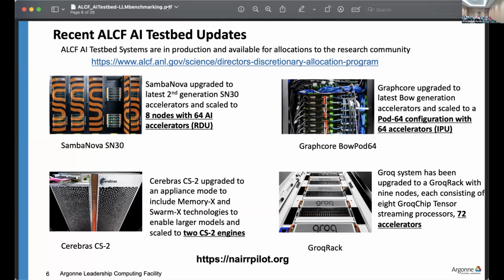Since we are part of the US Department of Energy and the Leadership Computing Facility, we have provided access to these systems to a broader community. Anyone interested in open science research can get access, try out these machines, and port their applications. As part of the NSF-based NAIRR project, we are also providing resources through NSF.